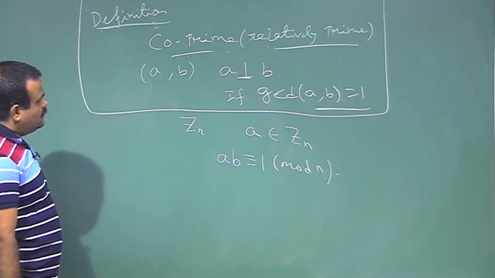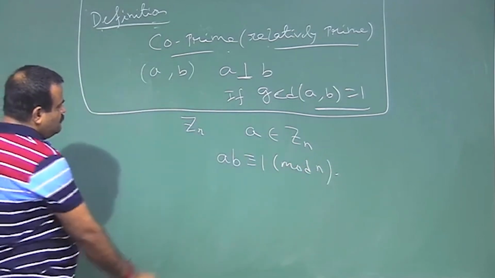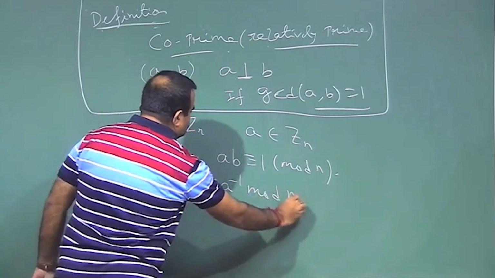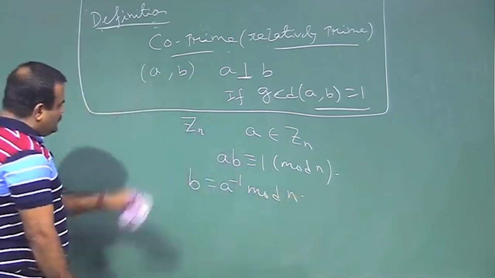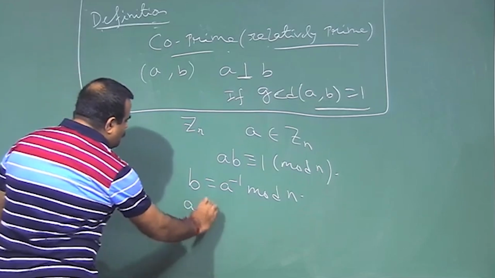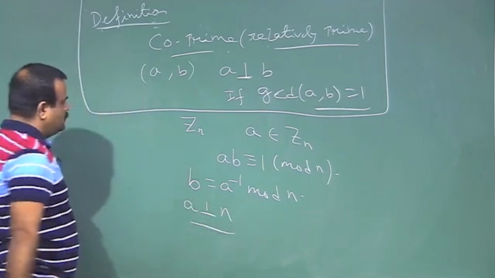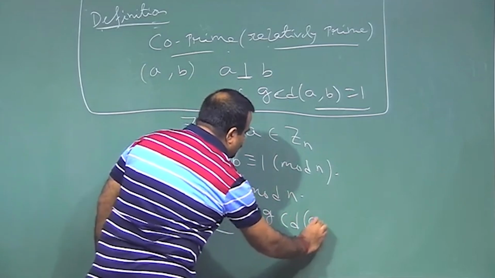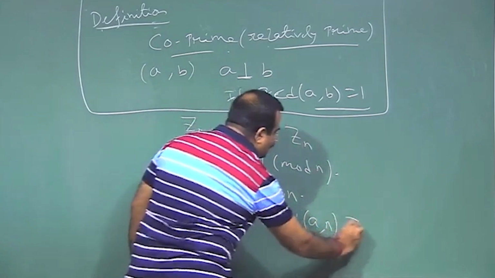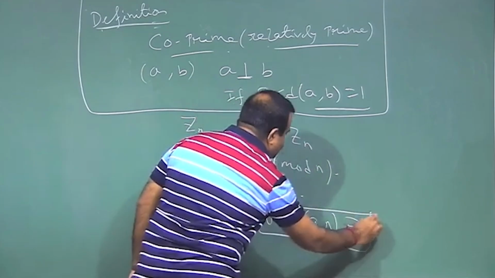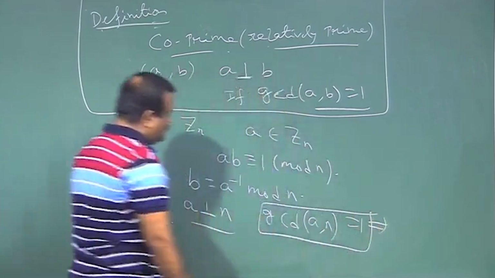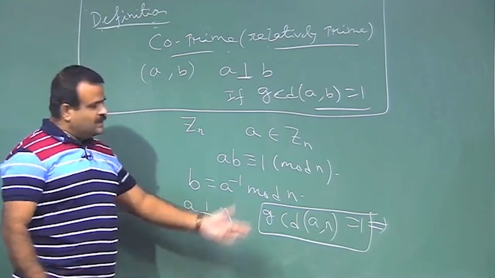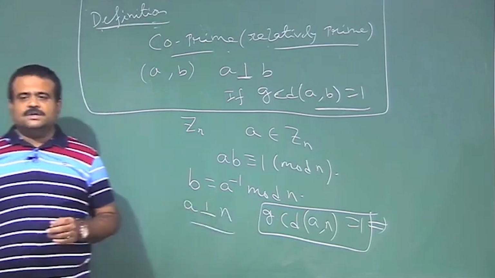Then B is basically the A inverse mod n. Then we can say that A is co-prime with n. So that means if the GCD of A and n is 1, then only the inverse exists, and this is the condition of having the inverse under mod n.